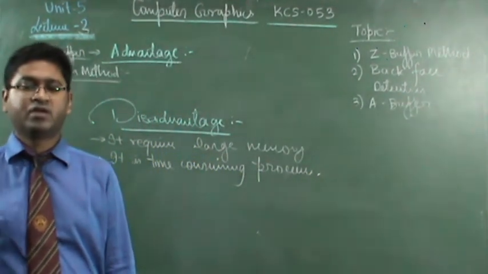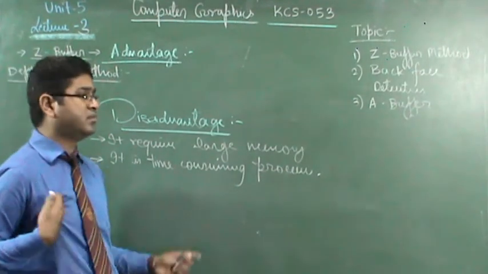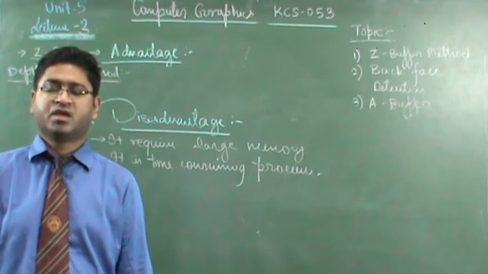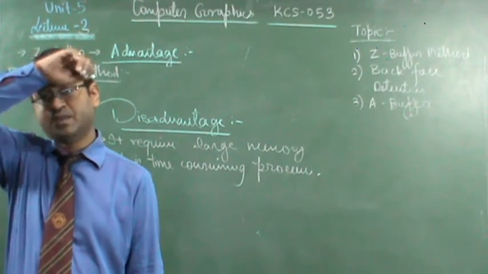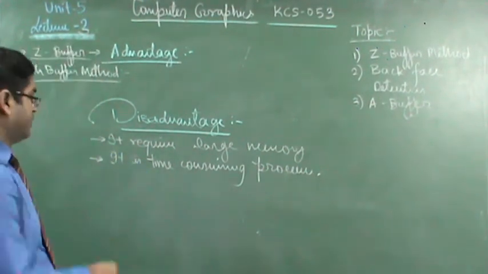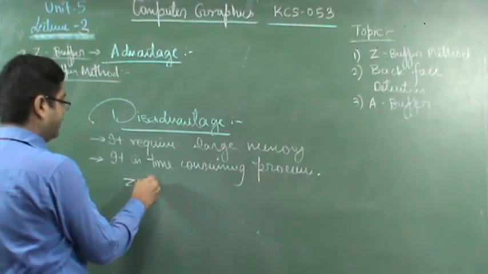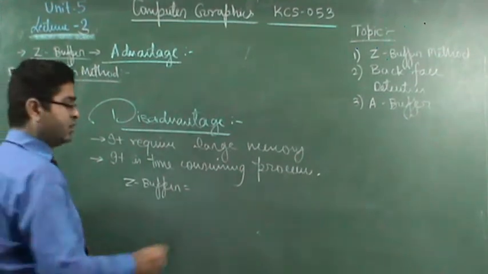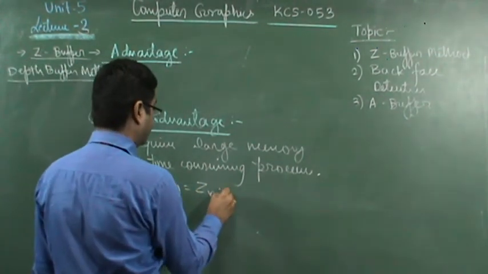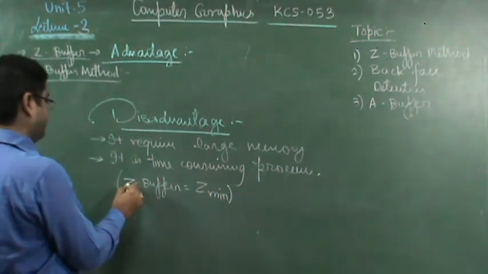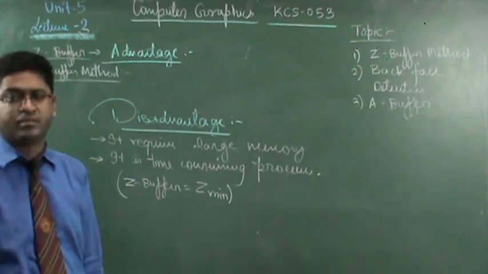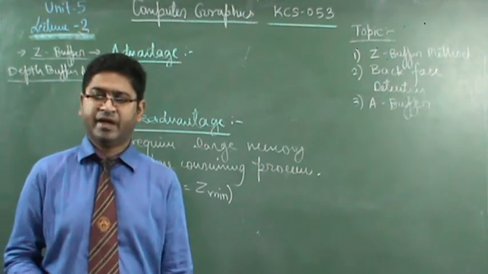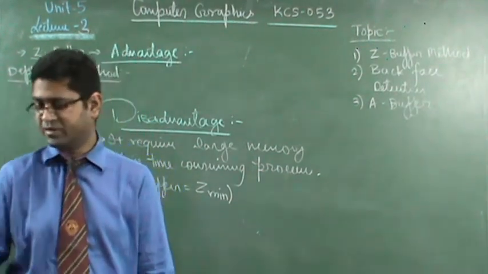So the Z buffer algorithm and the different algorithms can have different aspects. Given a set of polygons in image space, the Z buffer is equal to Z minimum, where Z minimum is the value to display the polygon and decide color, intensity and depth.